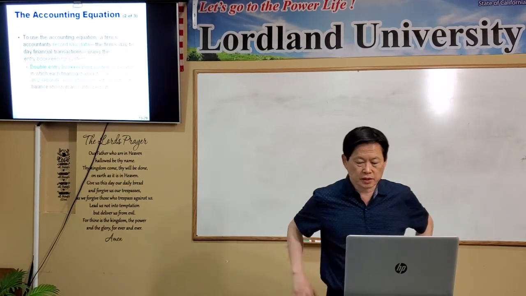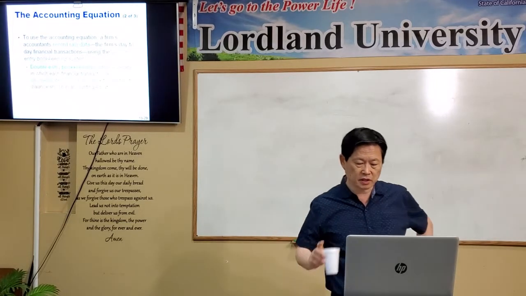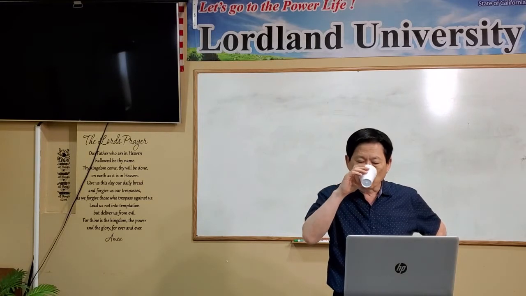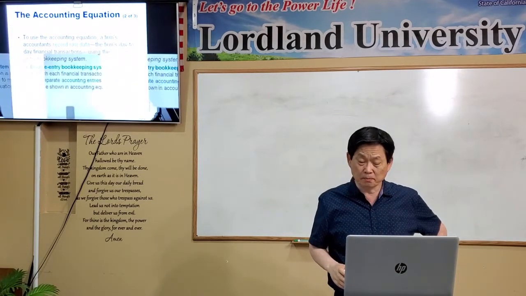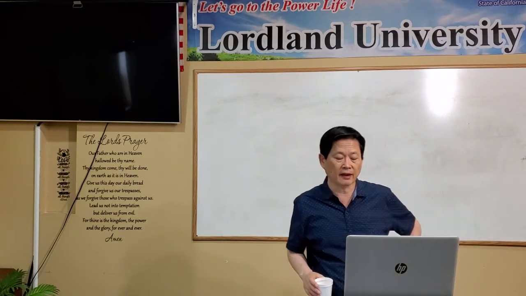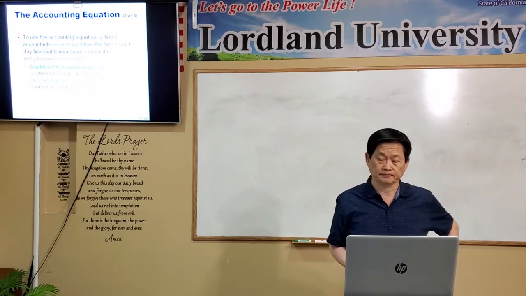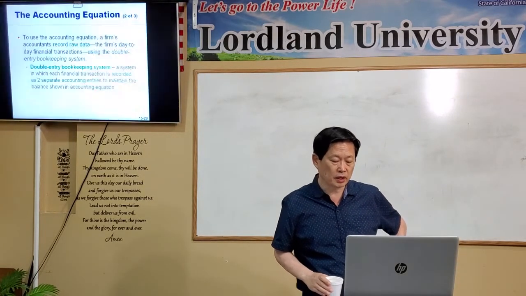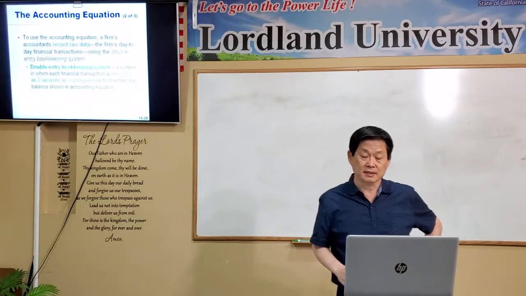To use the accounting equation, the firm's accountants record raw data, such as invoices, the firm's day-to-day financial transactions, using a double entry bookkeeping system.